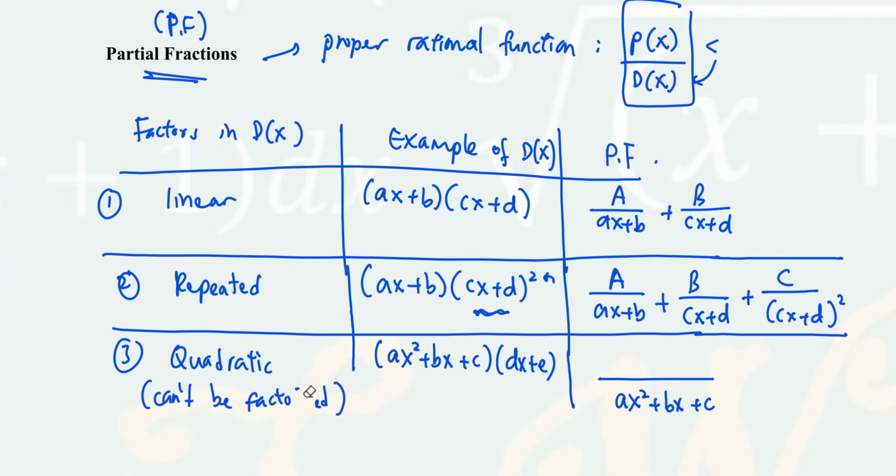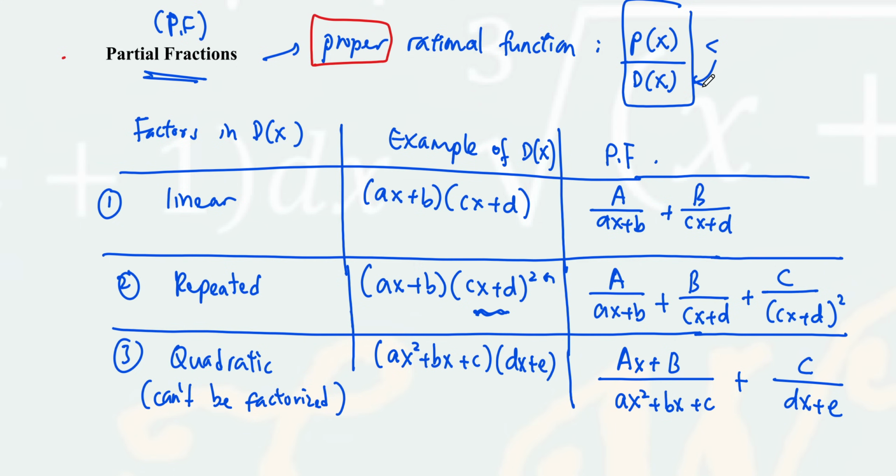If you cannot factorize the quadratic, that is the third case. Since the denominator is a quadratic function, the numerator is a linear function. We get the idea from the factor theorem in the previous video. And then plus something over dx plus e. Since dx plus e is a linear function, the numerator is a constant. These are the three cases for partial fractions as long as you are given a proper rational function.